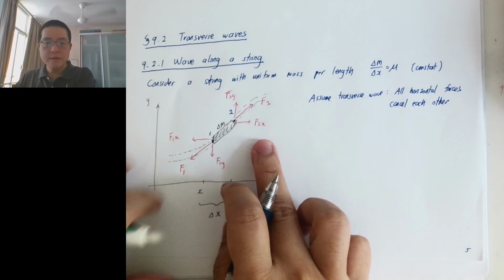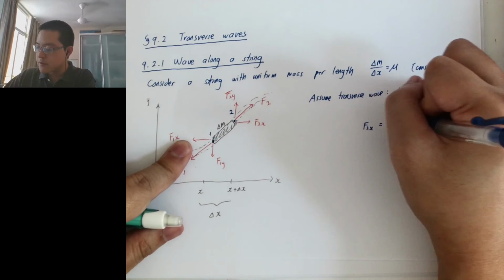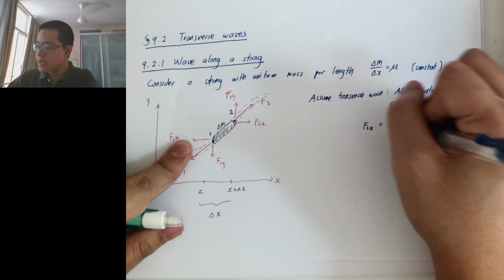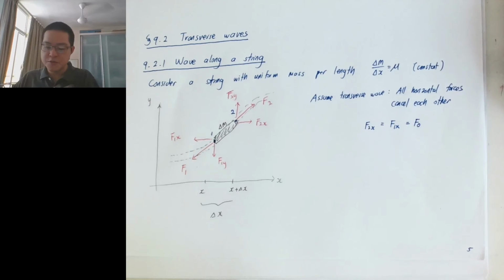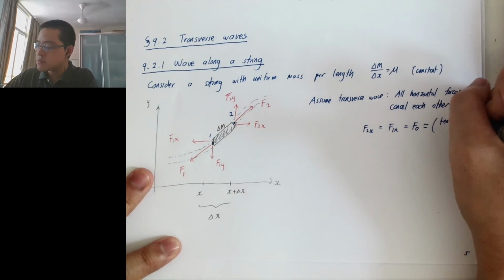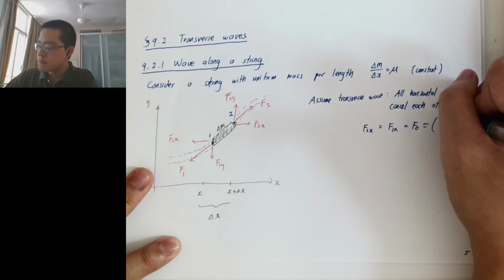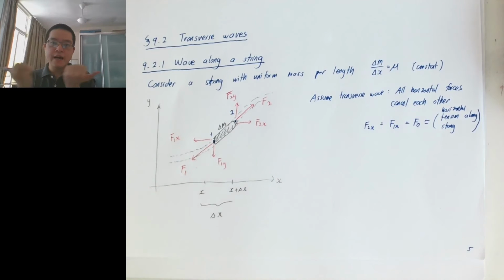That means F2x is equal to F1x. Let me call this horizontal tension F0, which is approximately the tension along the string. The left and right are the same tension, so the whole string has the same horizontal tension.